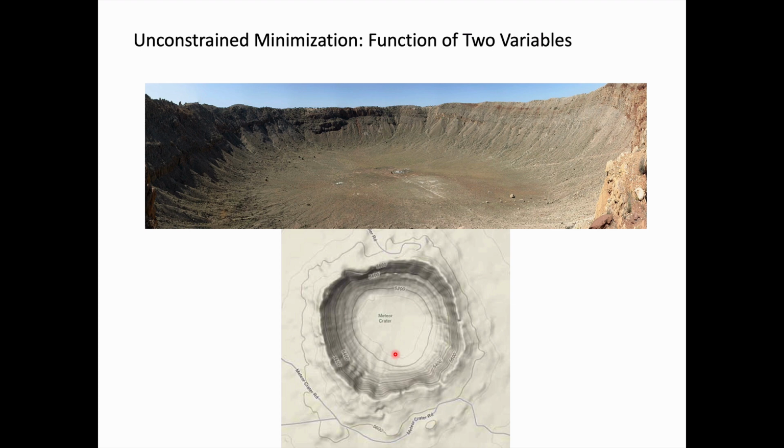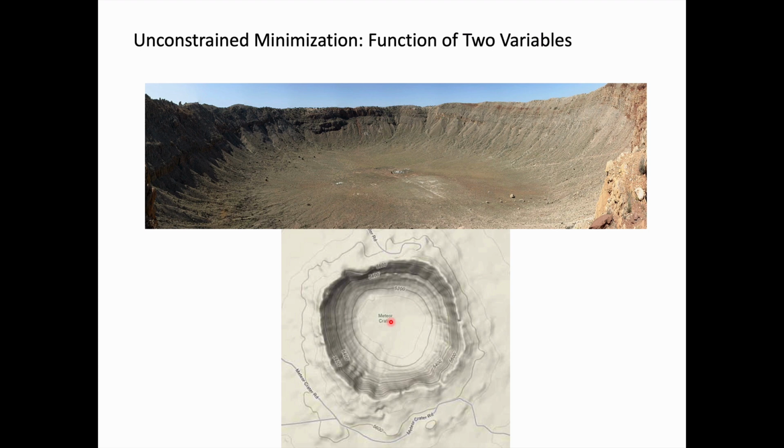So we want to find the north-south and east-west directions, or the latitude and longitude values, that are going to put us right at the bottom, the minimal elevation of this crater. This is one nice way of thinking about mathematical optimization. It's similar to finding the bottom of a surface.